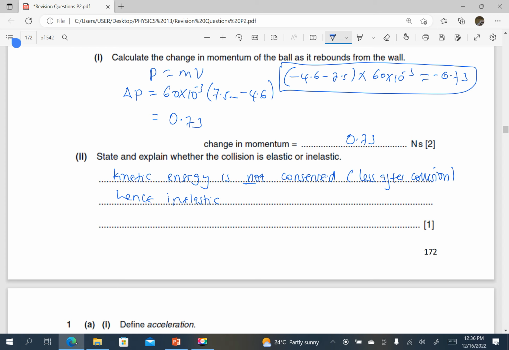You can also check the relative speed of approach and relative speed of separation. They are not the same. Remember, the wall is not moving. So the relative speed of separation is less than the relative speed of approach.